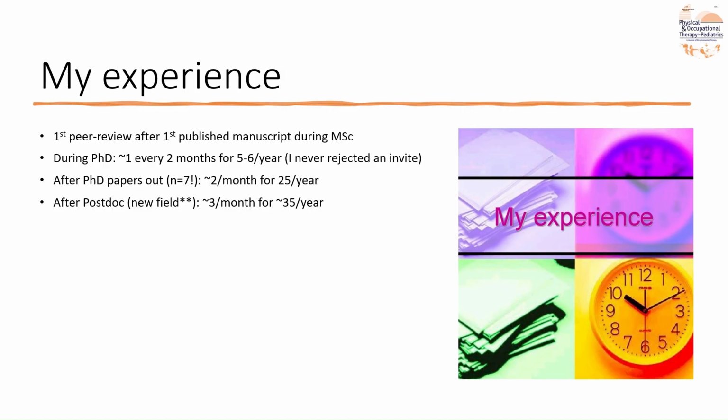So I was completing about 35 manuscript reviews a year. So I never declined as a reviewer unless it was really way out of my area of expertise and I felt that I could not complete it because I was lacking expertise in a certain domain.